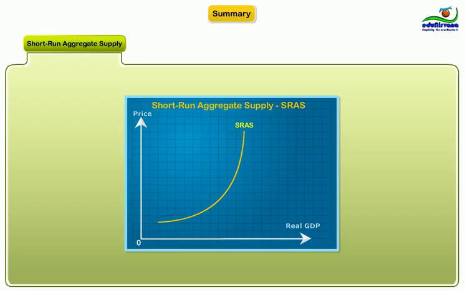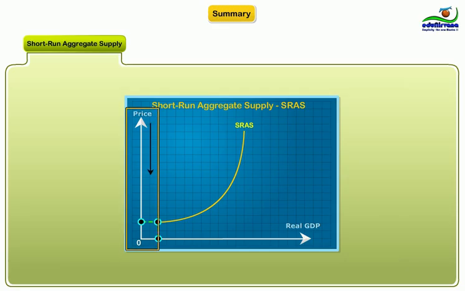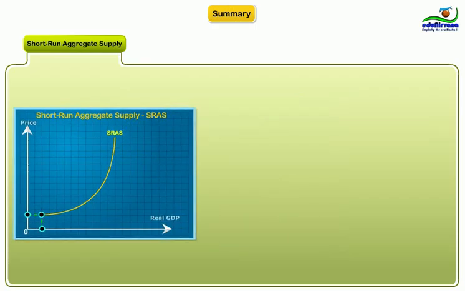Sticky wages. If wages are sticky, a decrease in the price level which pushes real wages up will result in a decrease in output. This is what an upward sloping SRAS curve represents. As the price level falls, the quantity supplied of goods and services declines.